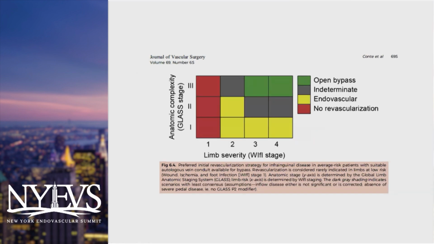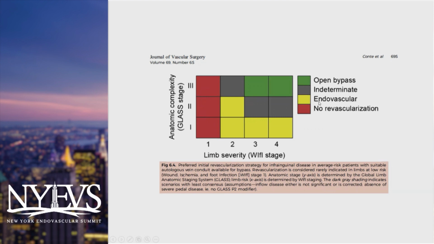And then another component is that you have to look at anatomical complexity and the limb severity. So if limb severity is low and anatomical severity is high, that's a definitive no. Again, if you have minimal symptoms, minimal tissue loss, no ulcer, then you don't need to revascularize.